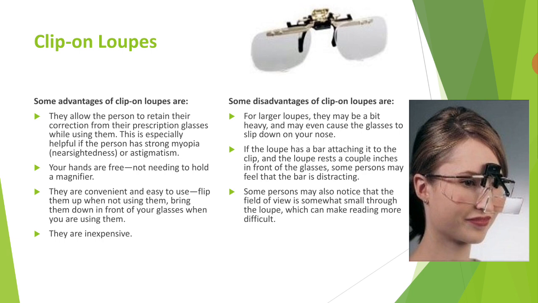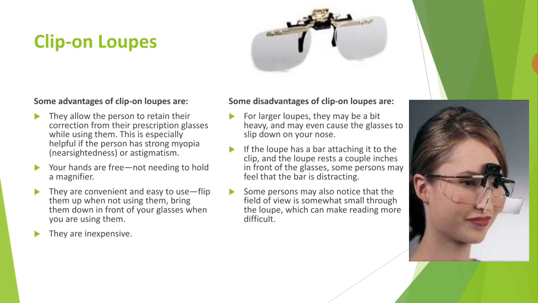Stronger loupes over 10 diopters can be used only with one eye, whereas weaker loupes can be used for both eyes. The advantages of using these clip-on loupes are they allow the person to retain the corrections from their prescription glasses while using them.